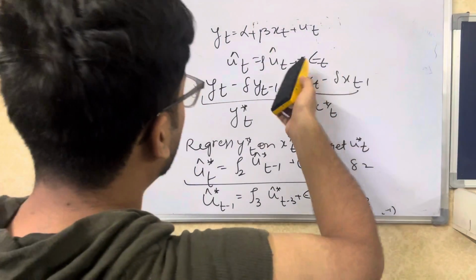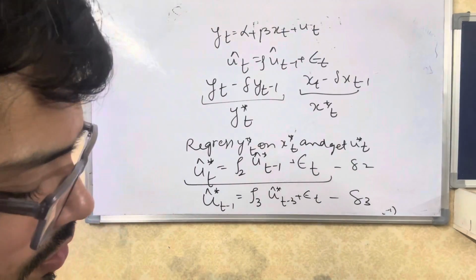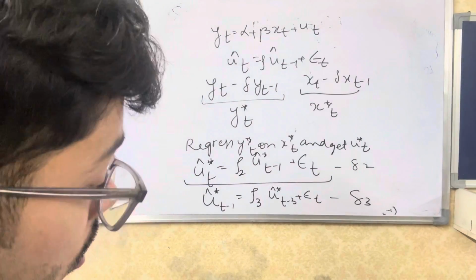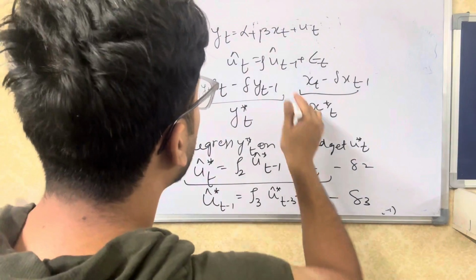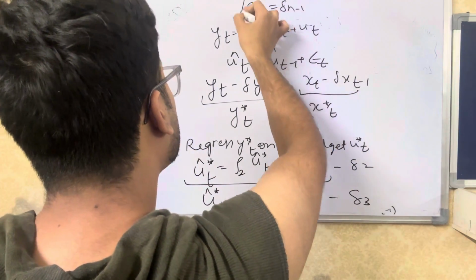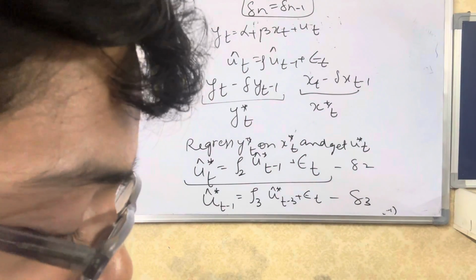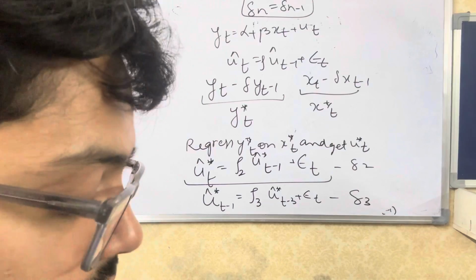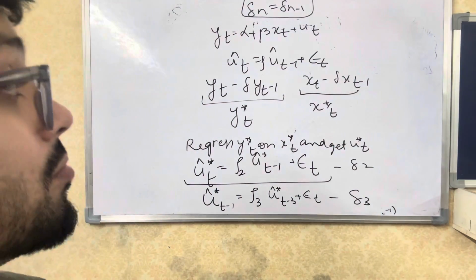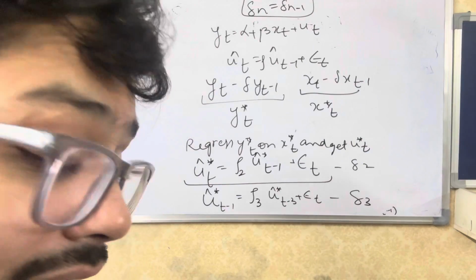This process is going to repeat endlessly. So you stop where rho n is equal to rho n minus 1. And you take that rho hat to transform the model.